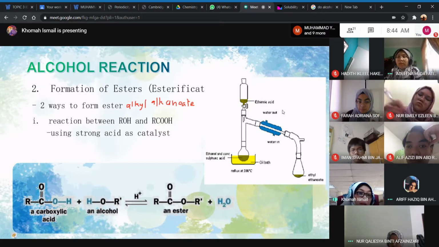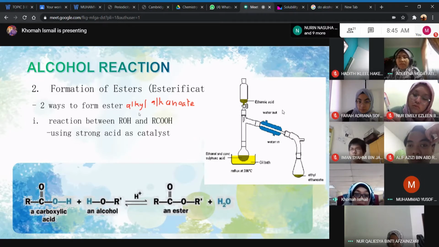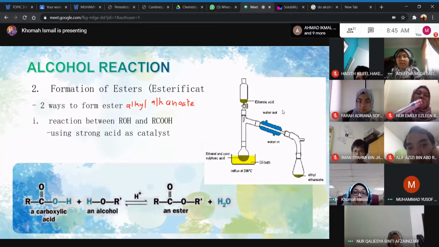As an example, if your alcohol is methanol and your carboxylic acid is ethanoic acid, the name of your ester will become methyl ethanoate.